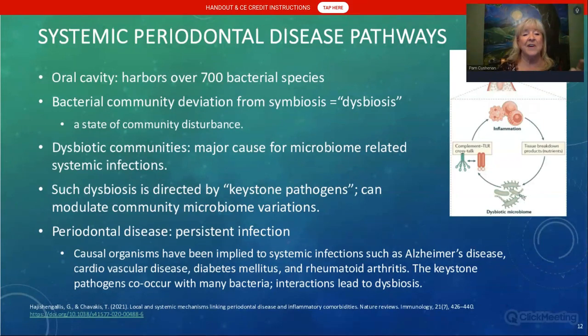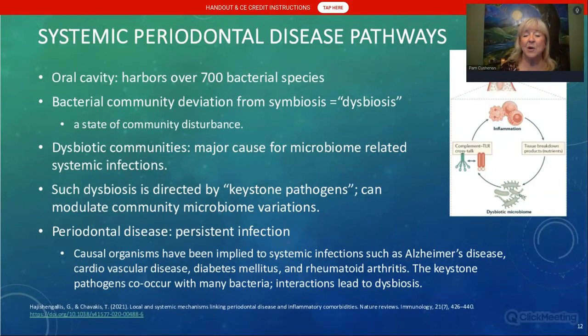It's defined as a state of community disturbance. So we know from all of the studies out there that you'll have listed throughout this presentation that this is the issue when there's that lack of balance, that we have infections that actually create the systemic responses.